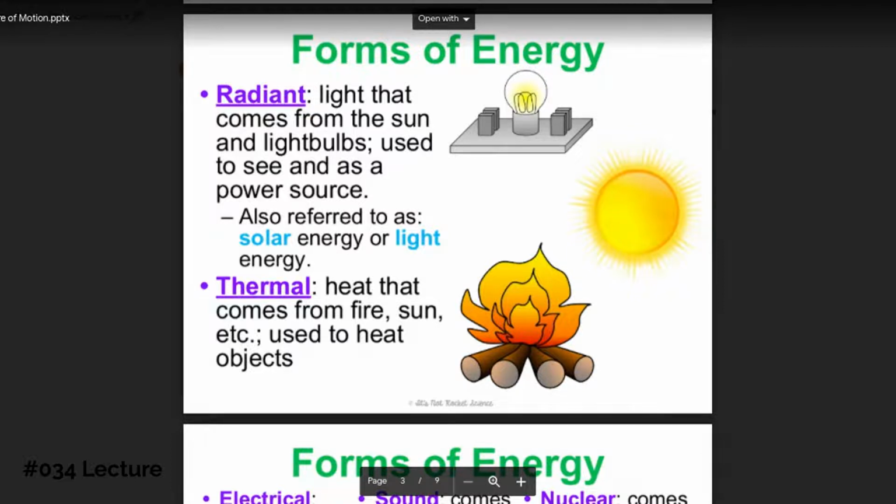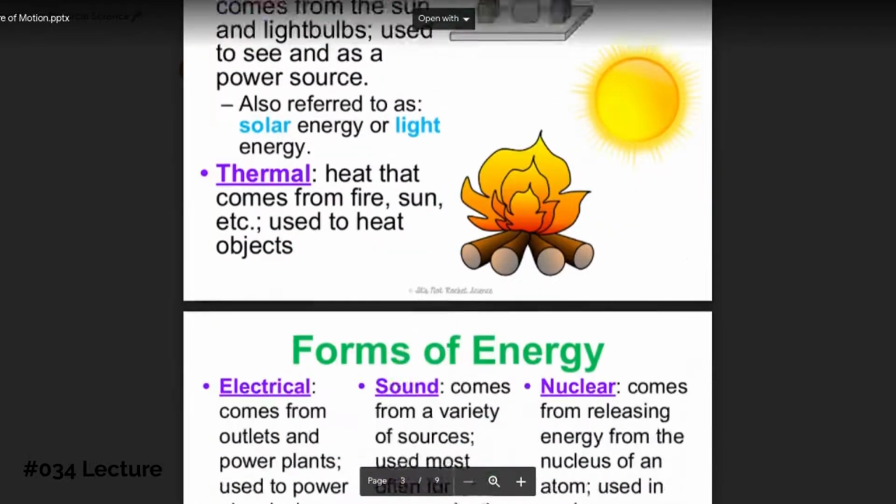Then we have thermal, exactly what it sounds like, y'all, that it is going to be some form of heat. Now, that heat could come in several different formats, whether it be from the sun or an actual heat source like this right here with a fire that maybe we're building some s'mores in, but it's going to be some kind of heat.